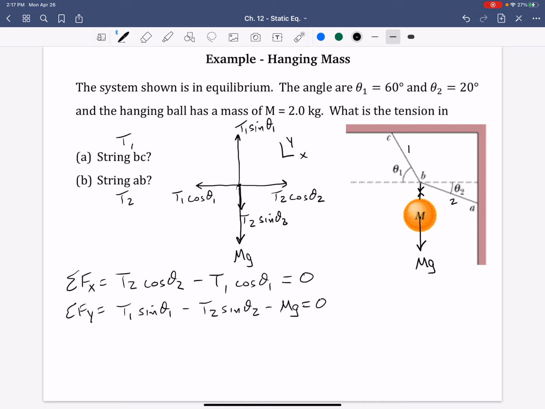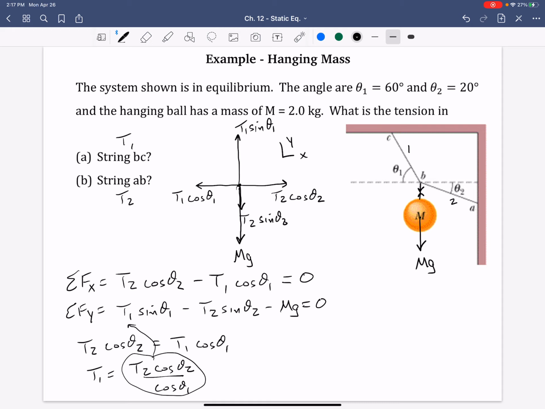Putting both terms on either side and solving for T1 gives us an expression of this, and this is what I'm going to plug in, right there.